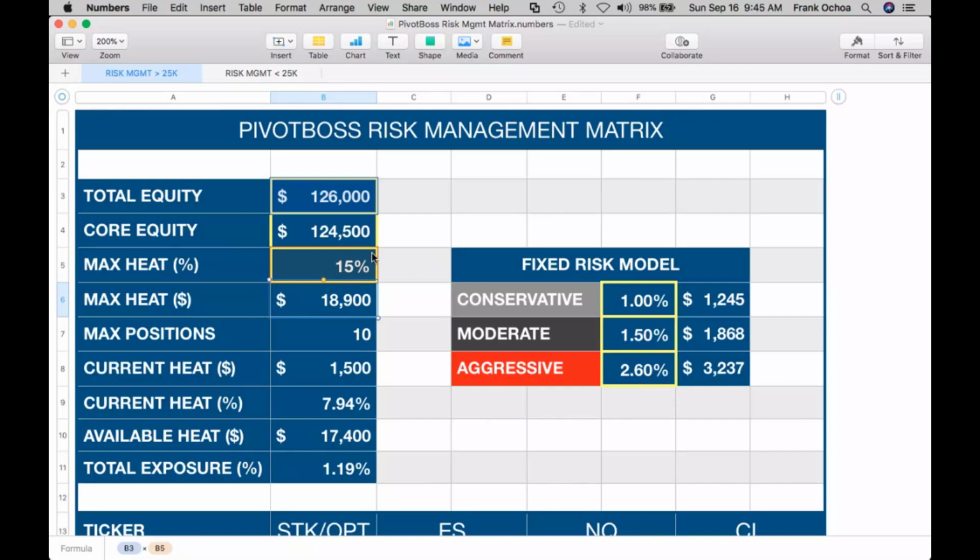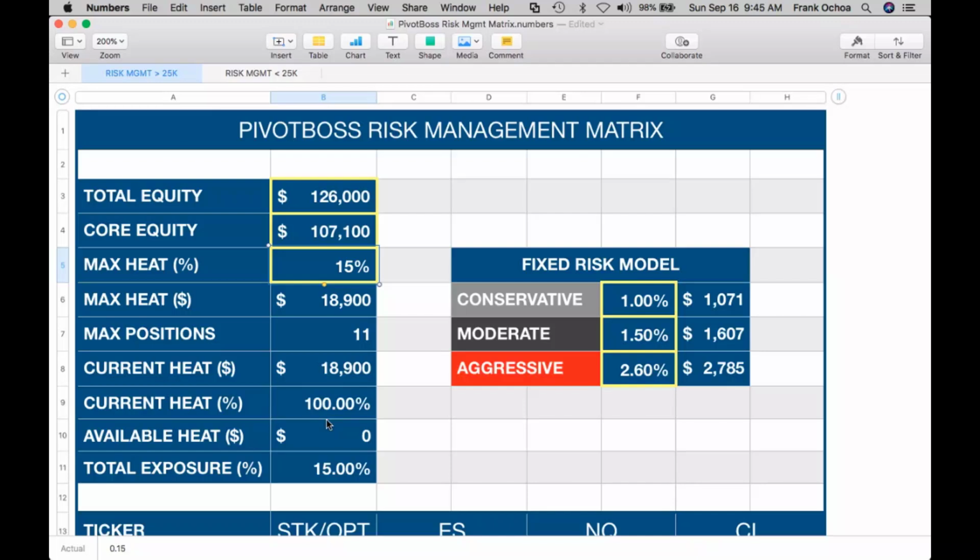What does it look like if we are fully invested? So at 126,000, if we put in that 18.9 and we are fully invested, that means that we are at a core equity of 107,100. And what you'll see now is that down here, max heat is 8.9, current heat is 8.9, right?